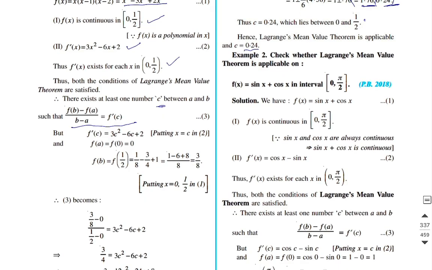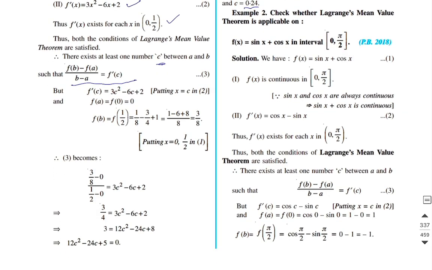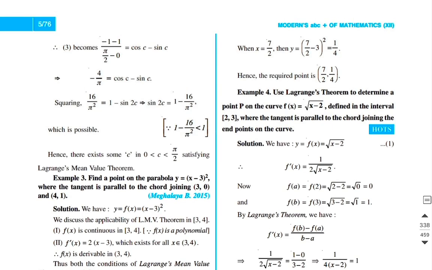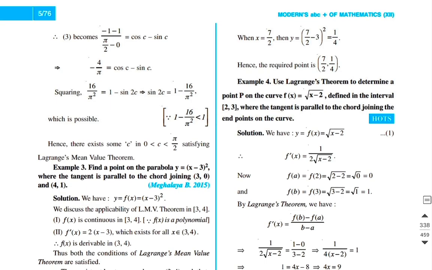Similarly, second example: sin x plus cos x, these are always continuous, and you can easily calculate C. In this case C is coming out to be 1 minus something. C exactly you cannot solve from here, just keep in mind sin 2C, we have seen this, equals 1 minus 16 over pi square. So 2C will lie between 0 and pi by 2, because at pi by 2, sin theta is 1.